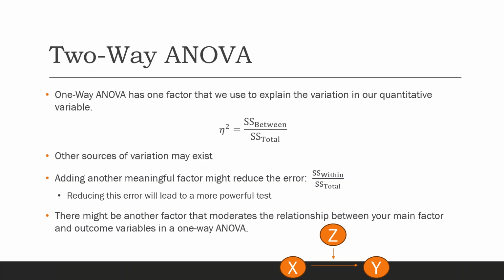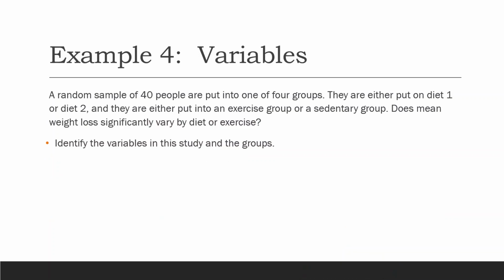One group may have higher means for one level of that variable Z, while another group of my variable X may have lower means for different levels of that moderating variable Z. And so the two-way ANOVA allows us to see if there are interactions between that moderator variable and our main factor. This is another reason why we may want to consider a two-way ANOVA.